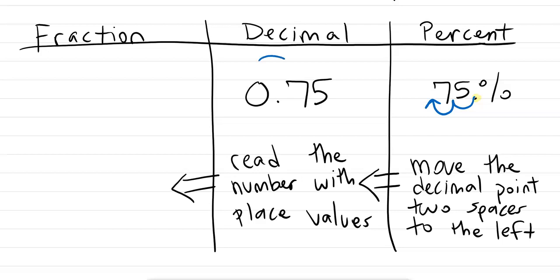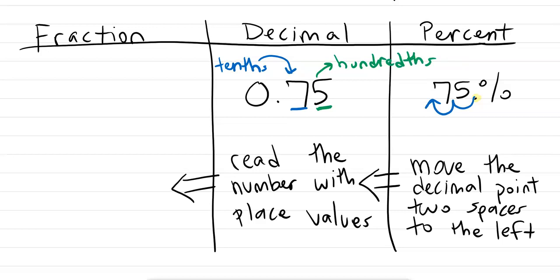So remember, one digit after the decimal place is called your 10ths spot. 2 digits after the decimal place is called your 100ths spot.